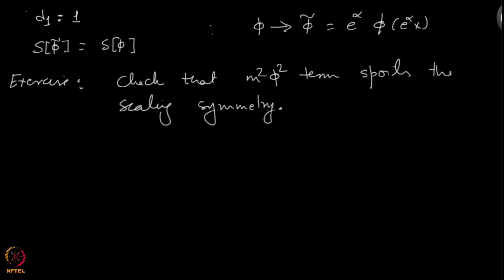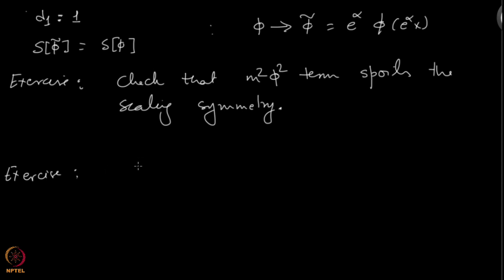That gets spoiled because there is a mass, and mass is a scale. If there is an explicit mass sitting in the problem, the theory will not be scale invariant, and that's why it will spoil the symmetry that we have found. So just do this. This is a fairly minor exercise because all other steps we have anyway done.